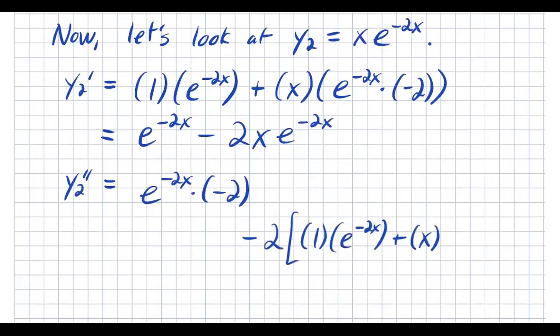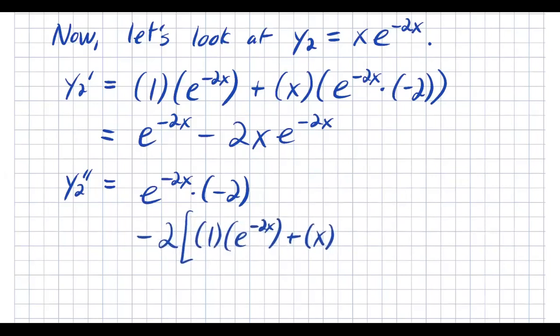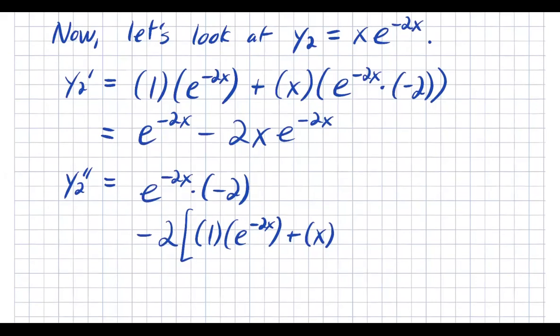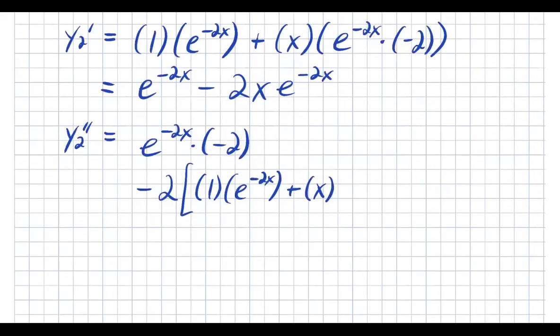I feel like I'm running out of space here, so let me move that down. So we have x times the derivative of e to the negative 2x, which is e to the negative 2x times the derivative of negative 2x, which is negative 2.